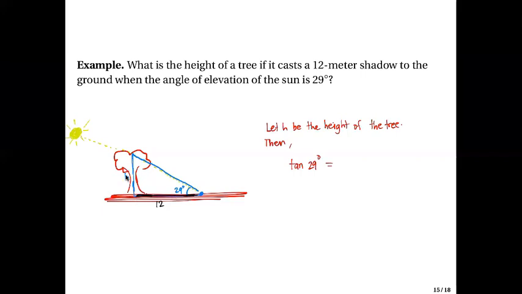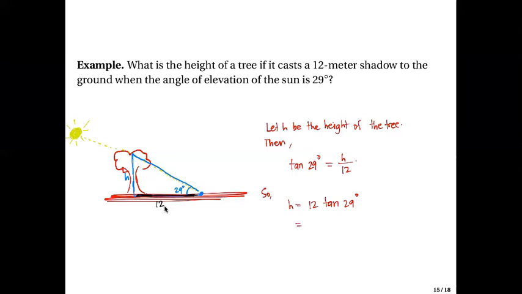So this is opposite, which is h, divided by the adjacent, which is 12. So we have h equals 12 times tangent 29 degrees.